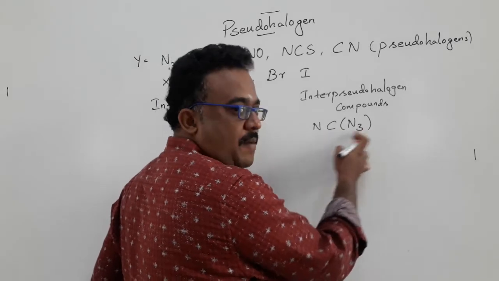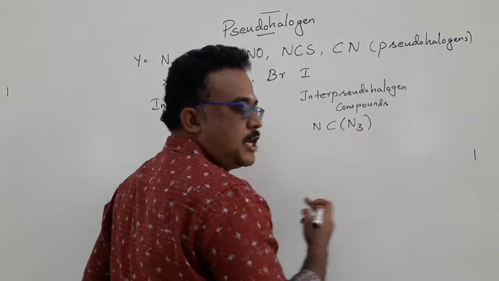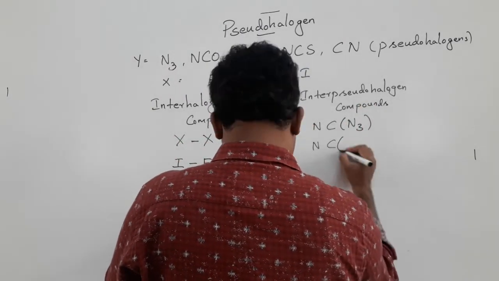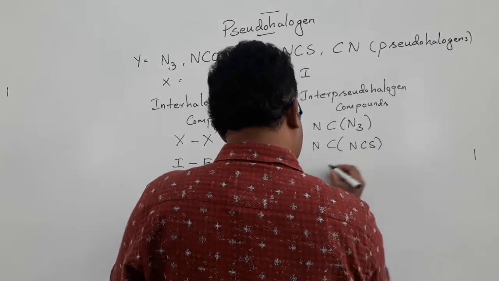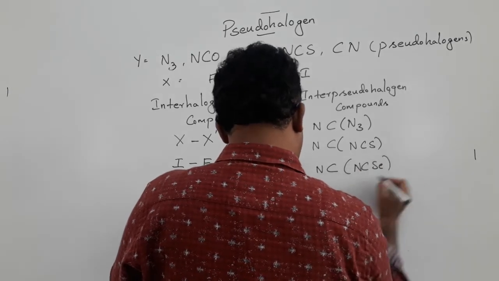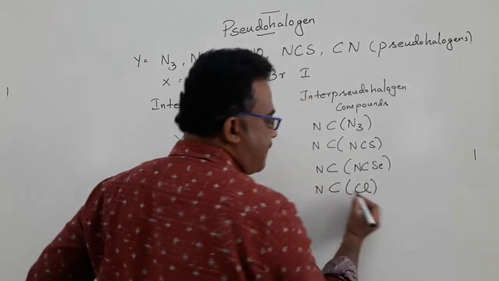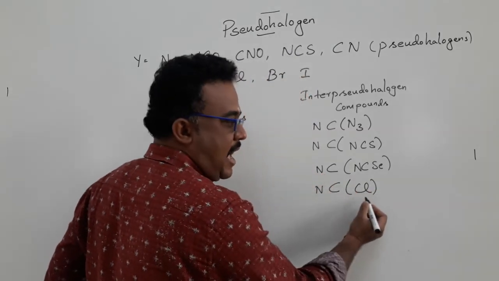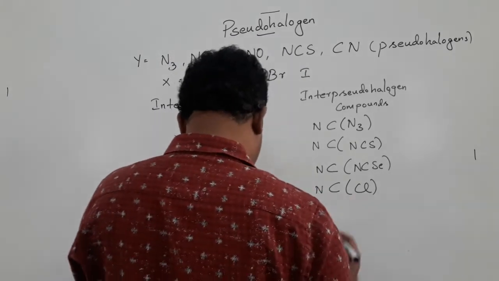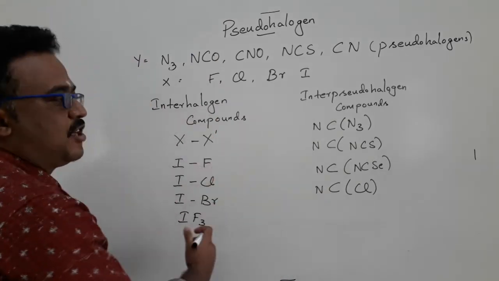These two form inter-pseudo-halogen compounds. I have a variety of examples: CN NCS, CN NCSe, CN Cl, which is a halogen and a pseudo-halogen connected together.